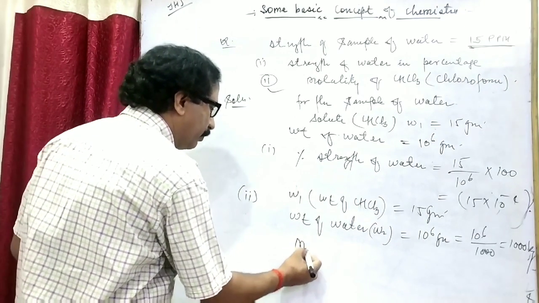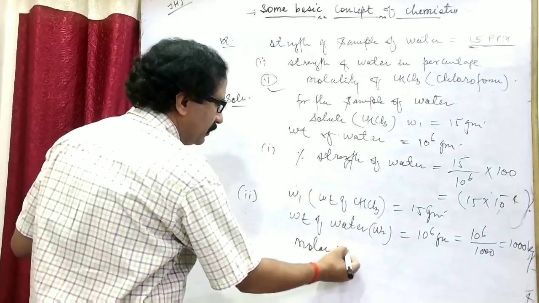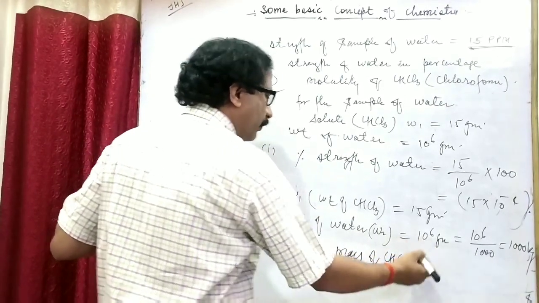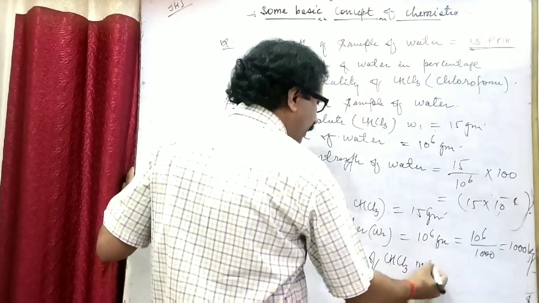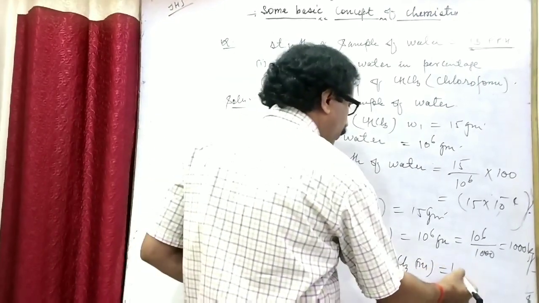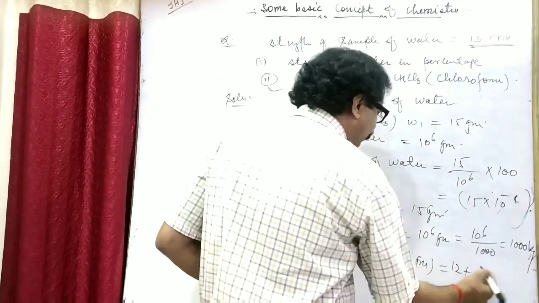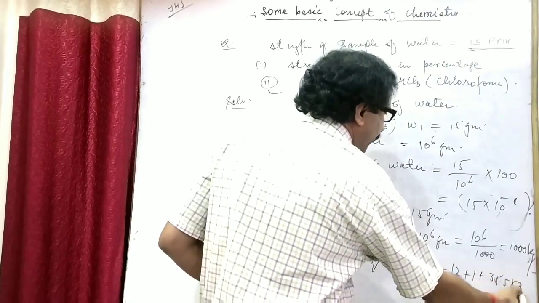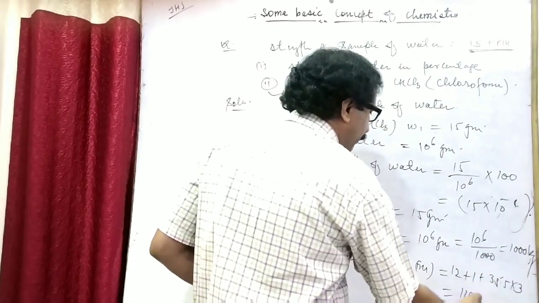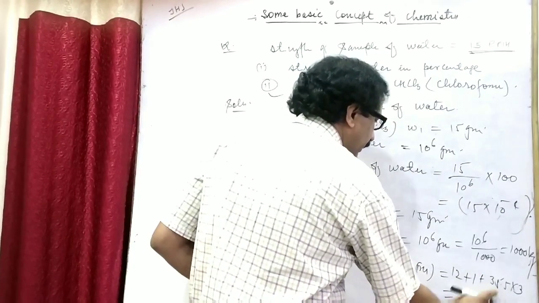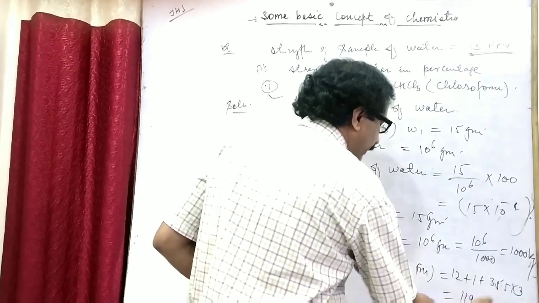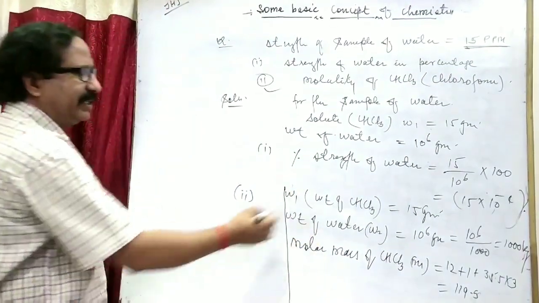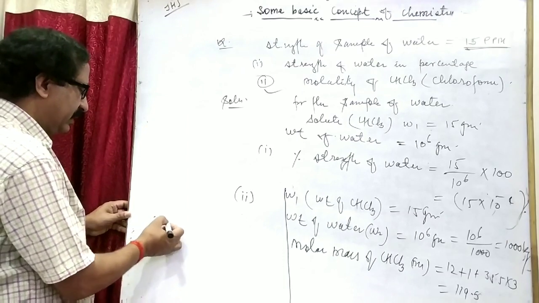And one thing more, molar mass of chloroform, M1: carbon 12 plus hydrogen 1 plus Cl 35.5 multiplied by 3, becomes 119.5. This is the molar mass. Now I hope you can find out its molality most easily.